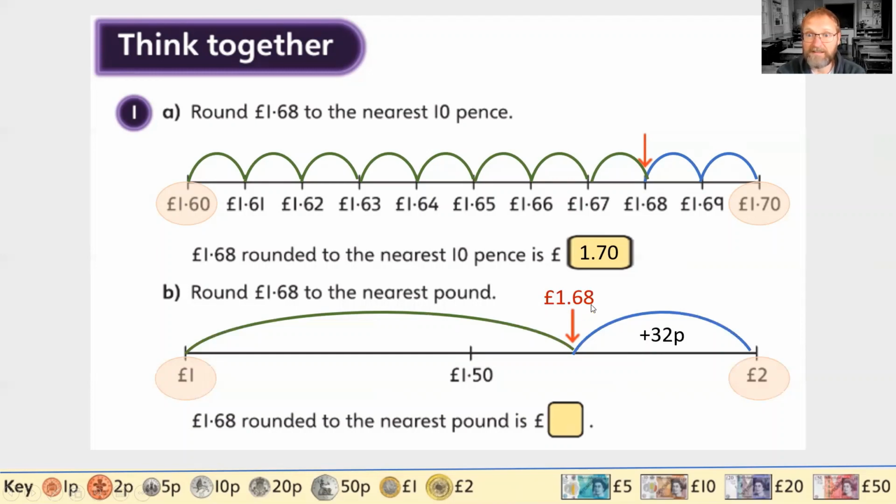And then we would add the tens, £1.70, £1.80, £1.90, £2. 3 tens, which would be 30. So we'd add 32 pence altogether. To round down to £1, we would take away 68 pence. We've got £1.68, so if we take away that 68 pence, we'll be left with £1. As you can see on this number line, £2 is much nearer than £1. So £1.68 rounded to the nearest pound is £2.